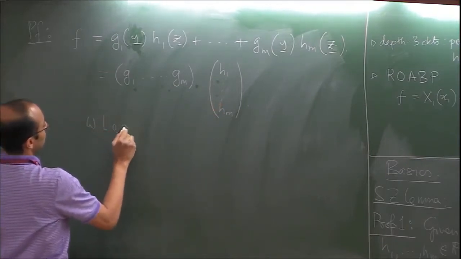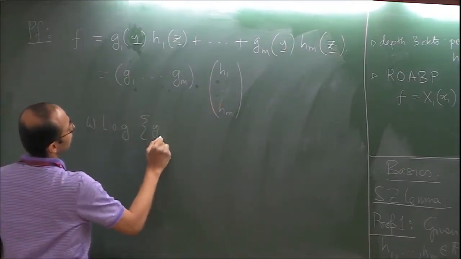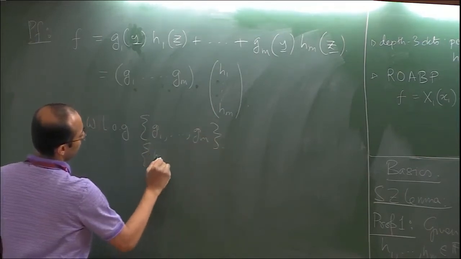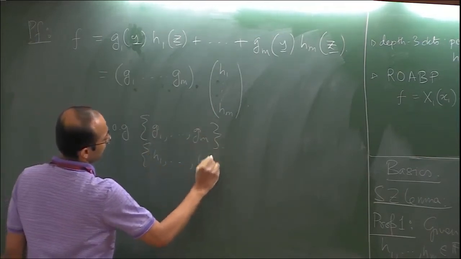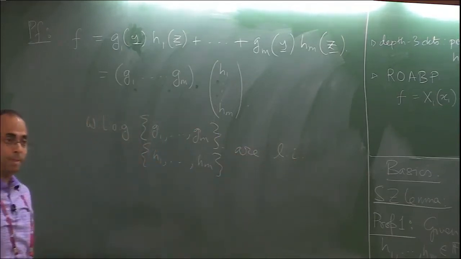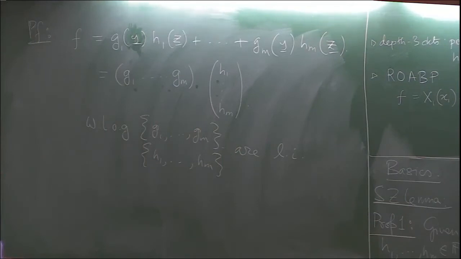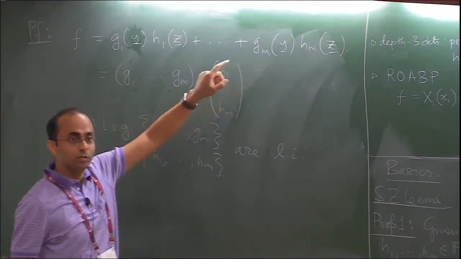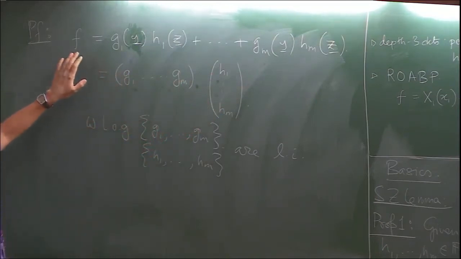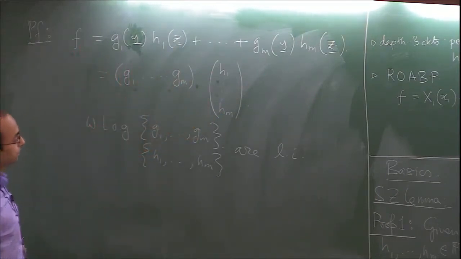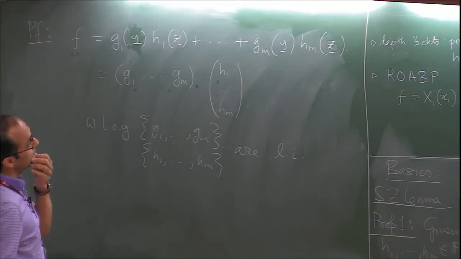g_1 through g_m and independently h_1 through h_m are linearly independent. And we'll show in a while that this number m will be the evaluation dimension of f with respect to z. This is because of the following.